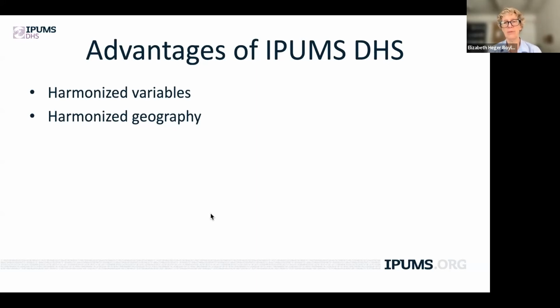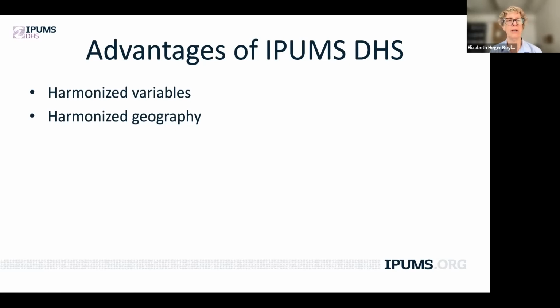The same is definitely true of the codes for contraceptive methods, which also vary a lot across countries, but do not vary at all across the samples in IPUMS DHS. Now, with respect to harmonized geography, if you're interested in learning more about that, I'd recommend the webinar that we offered 2 years ago.